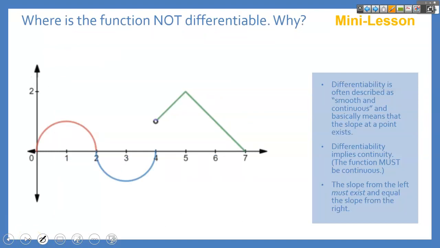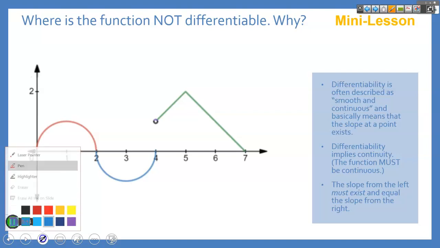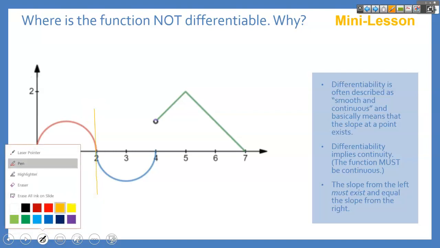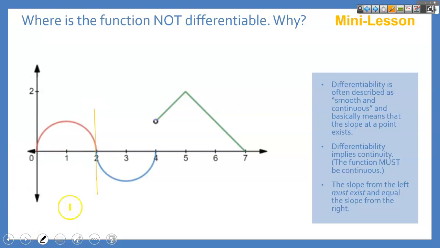So where is the function not differentiable and why? The one everybody tends to miss is the one there because you have that vertical tangent.